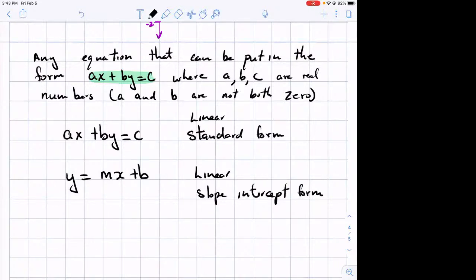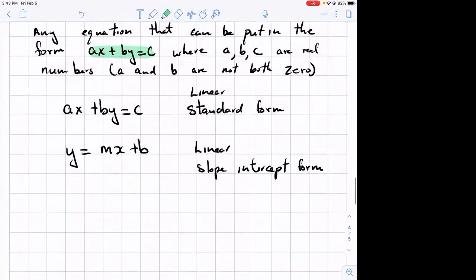So they both represent linear, okay, but just different way of writing them. And this one here is used more often, but you can move from one to the other, and I'll show you that in an example. So any equation that can be written in the form y equal mx plus b is considered linear.